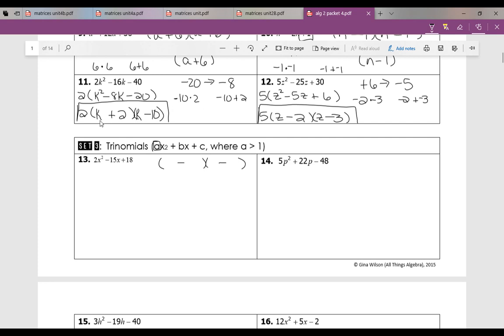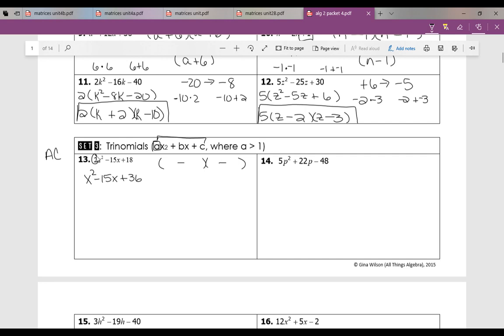All right. So what we're going to do is multiply the A and the C value together. So the first number with the last number, make sure everything is in order: x squared plus bx plus c. So what's 2 times 18? 36. So I'm going to rewrite this problem as x squared minus 15x plus 36. Y'all with me?